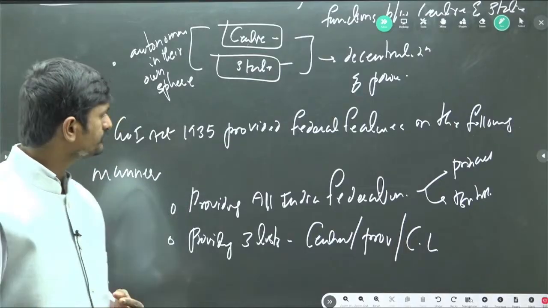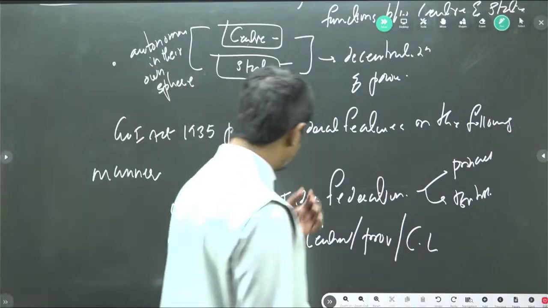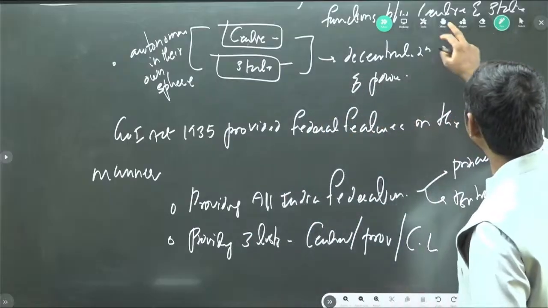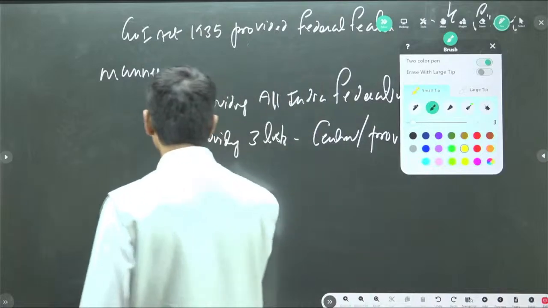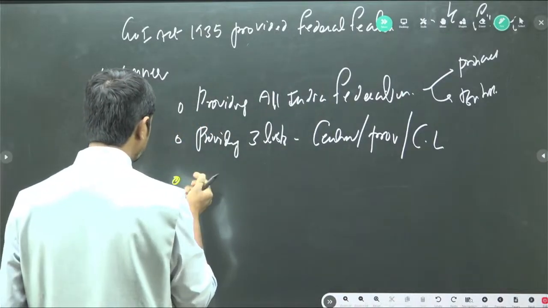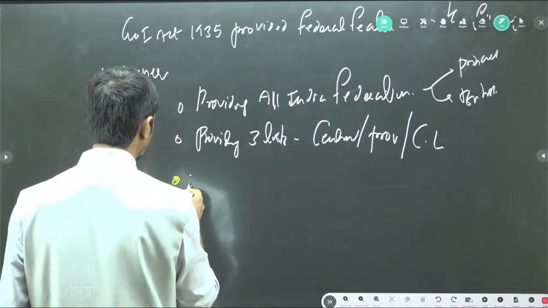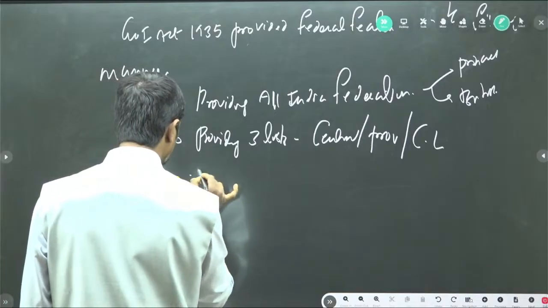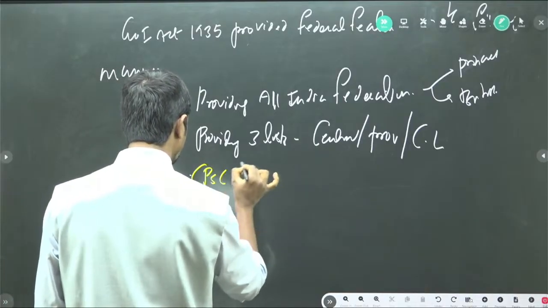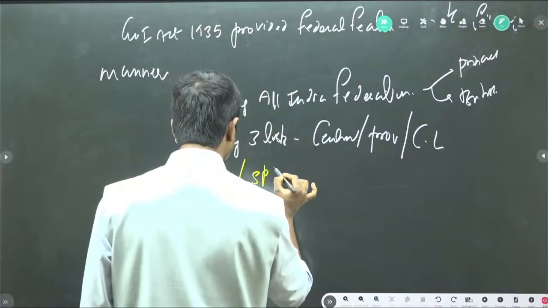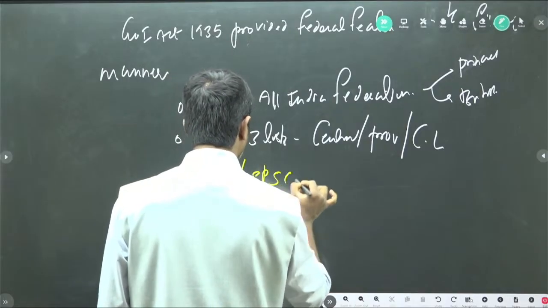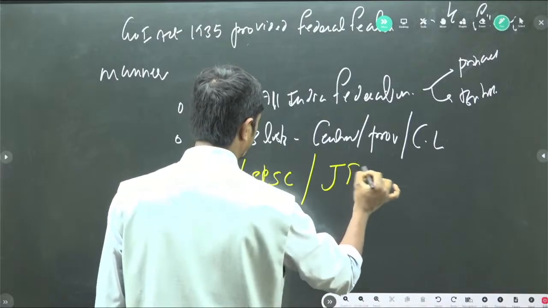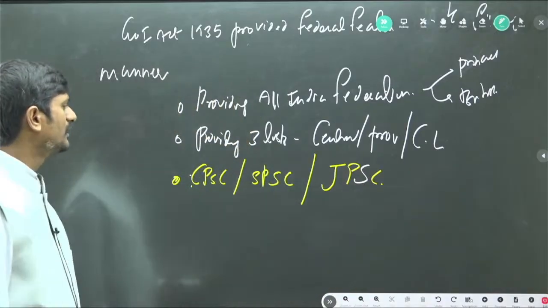Okay, then apart from this, there are other features like how the recruitment of the civil services takes place, right? There are public service commissions. So there is both a Central Public Service Commission and State Public Service Commission, as well as Joint Public Service Commission, JPSC, right?